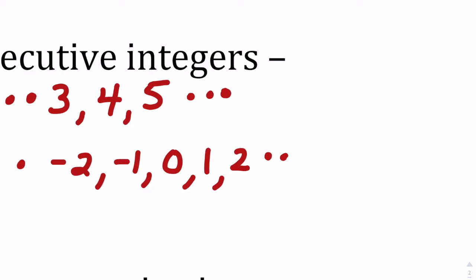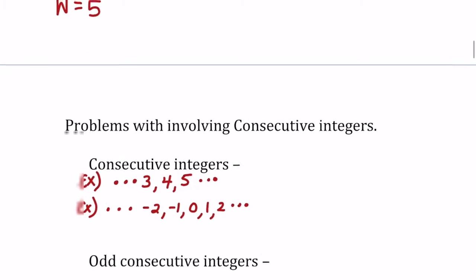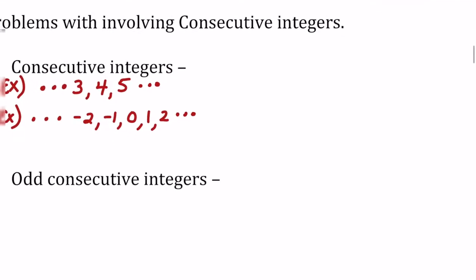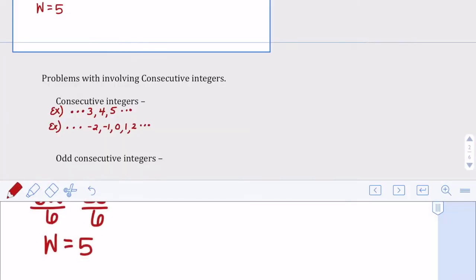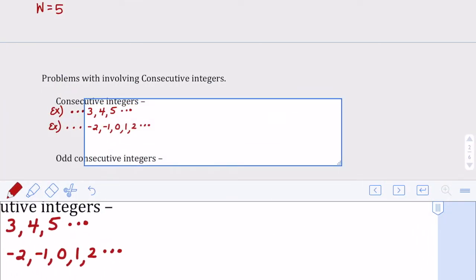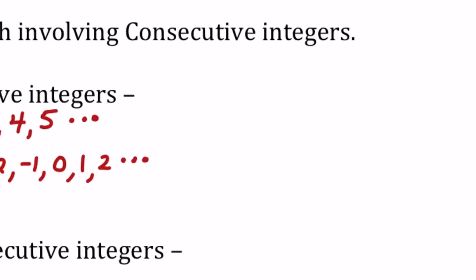Okay, now the problem is we are not always going to tell you the numbers. We are going to tell you we have some unknown number. It could be starting at 10, it could be starting at 20, it could be starting at anything. So how would you figure out something like that? Because of that, we are going to use letters.